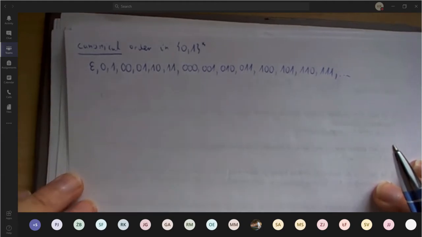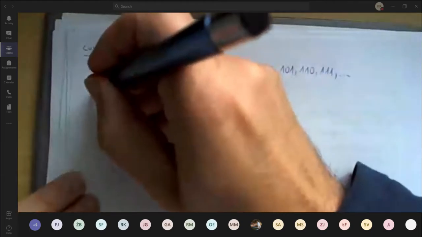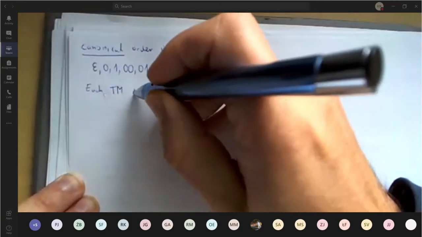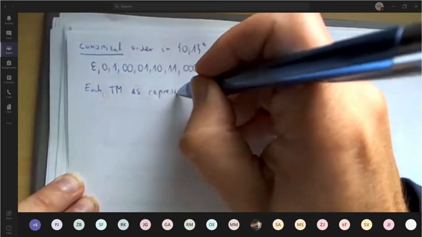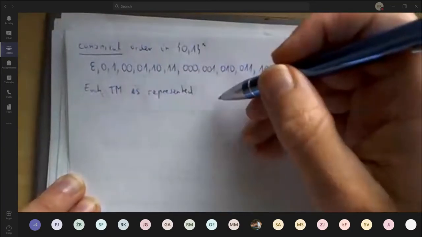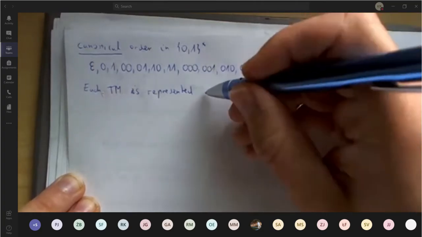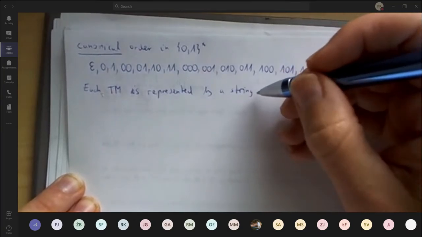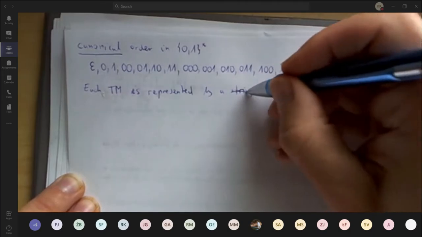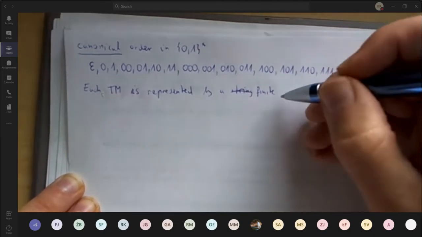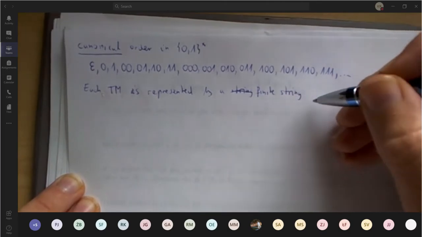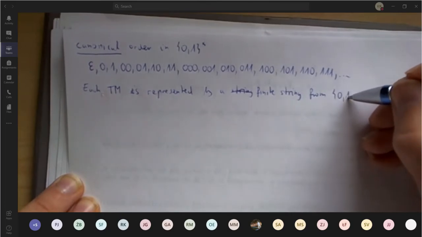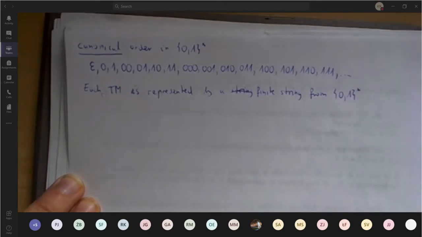Okay, so we know that every Turing machine can be easily represented, for example, by this encoding from the previous page, by a finite string over the binary alphabet.